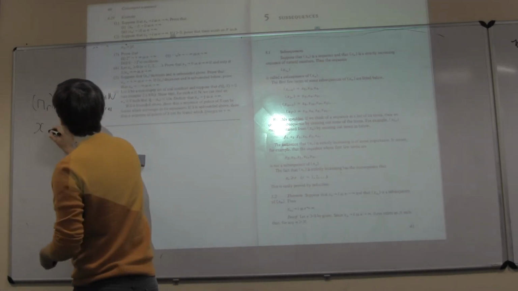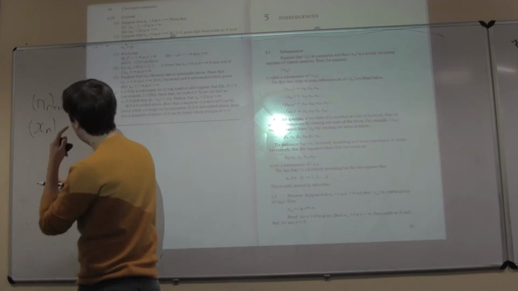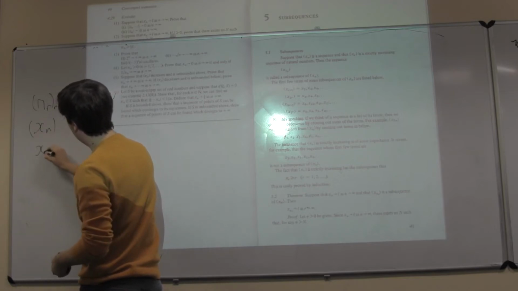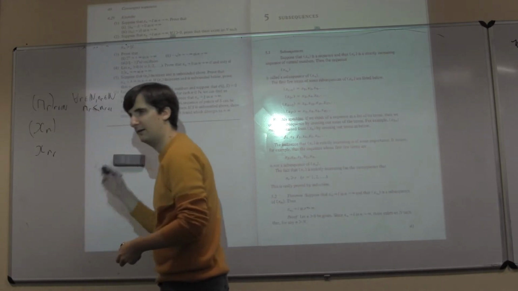We've got some normal sequence xn of reals, then the sequence x_(n_r) is a subsequence.